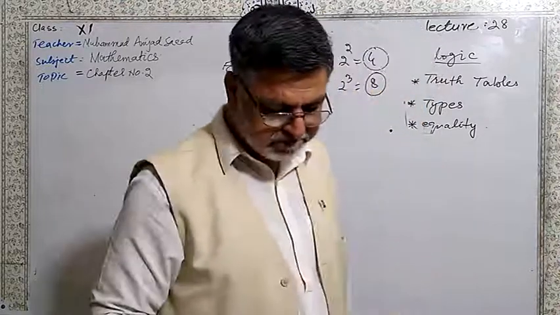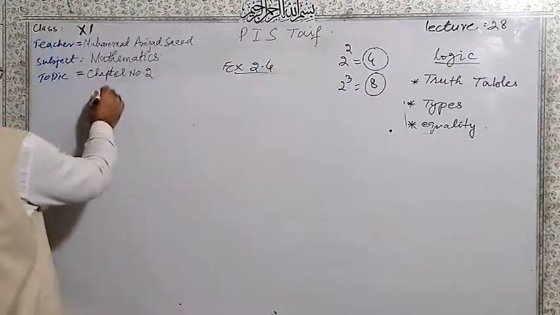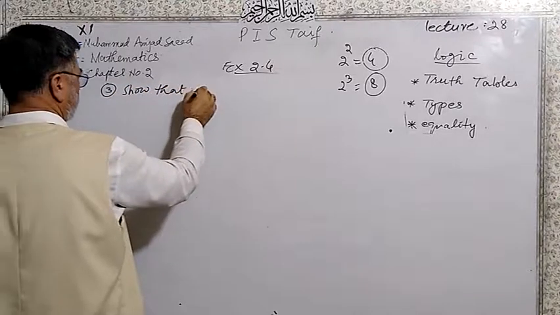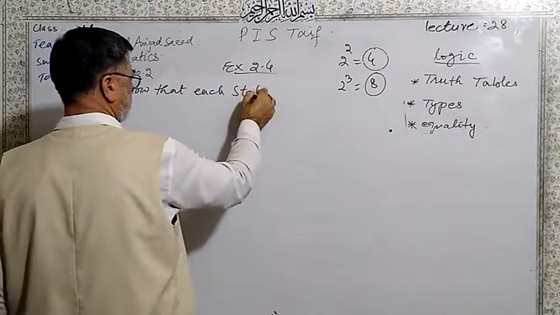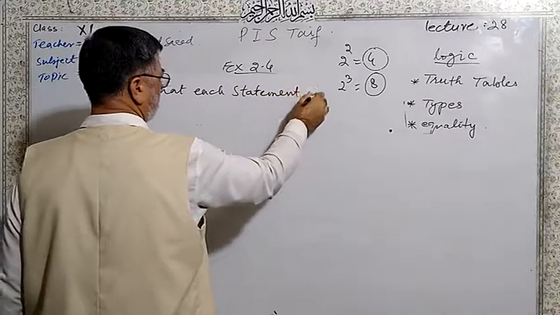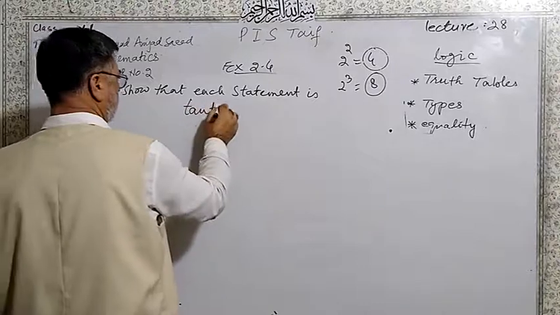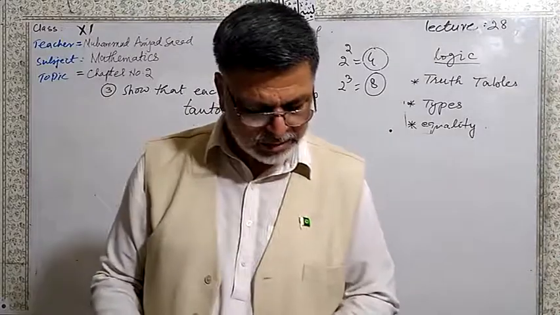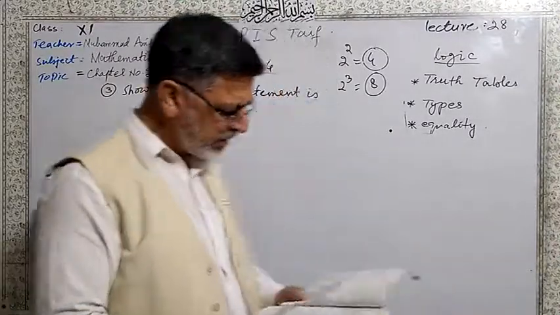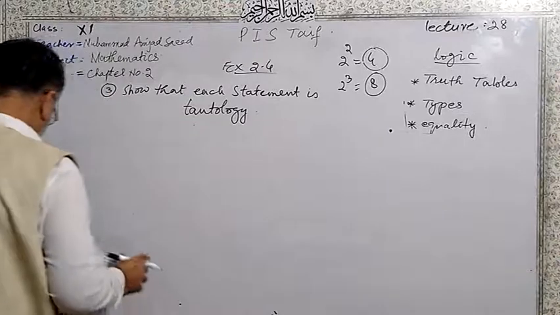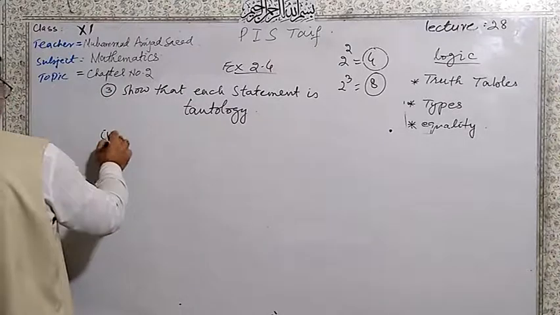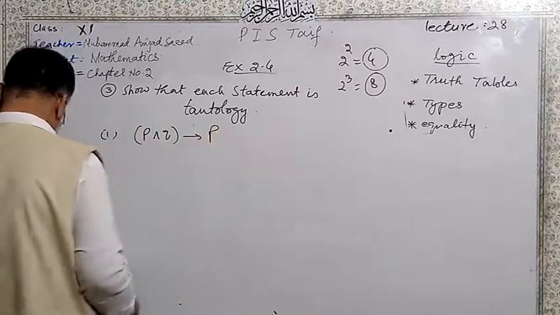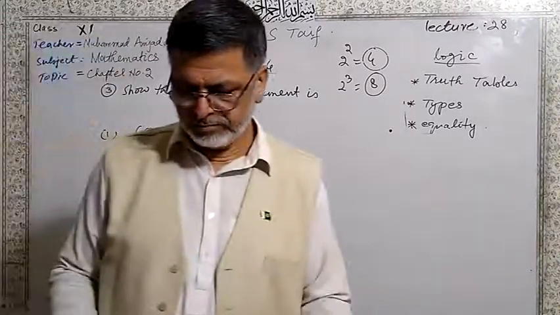Question number 3: show that each statement is a tautology. For example, I am taking part number 1, P and Q to P.